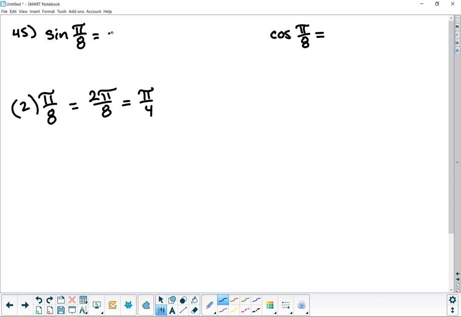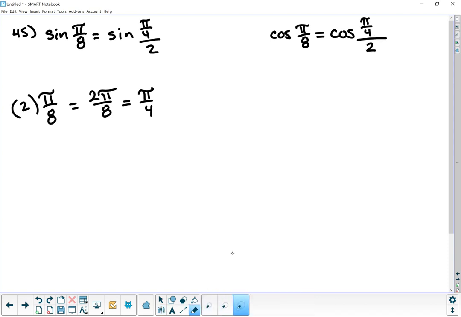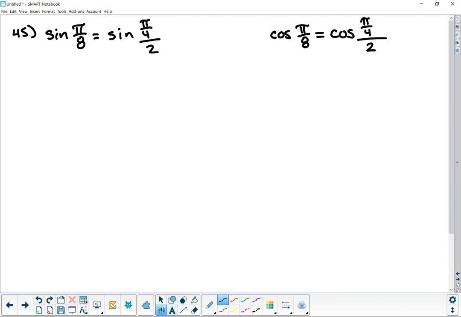Sine of pi over 8 is actually the same as sine of pi over 4 over 2. All right, and that's going to be the same for both of these. So cosine of pi over 8 is the same as cosine pi over 4 over 2. All right, and we can start this off.